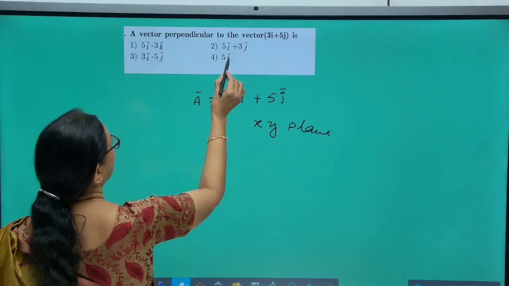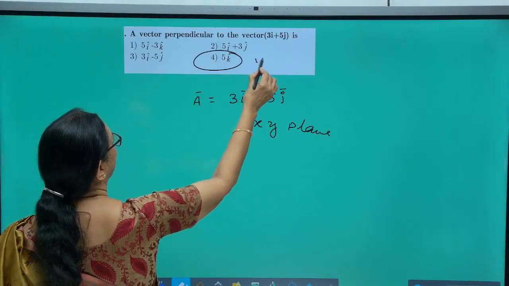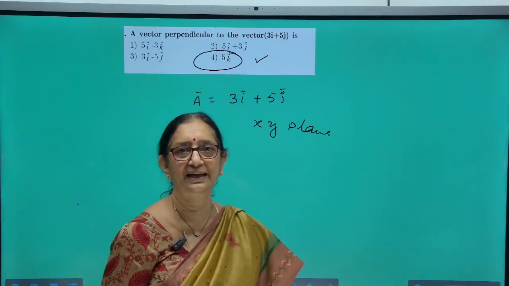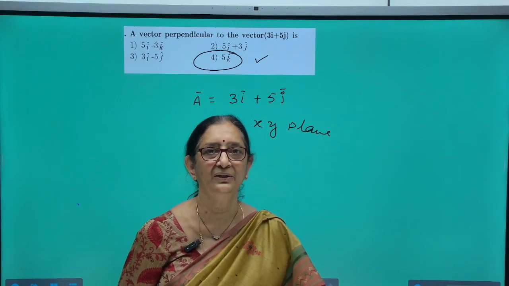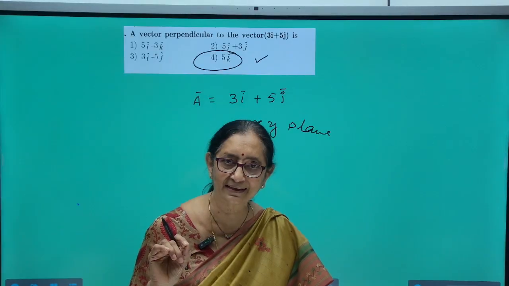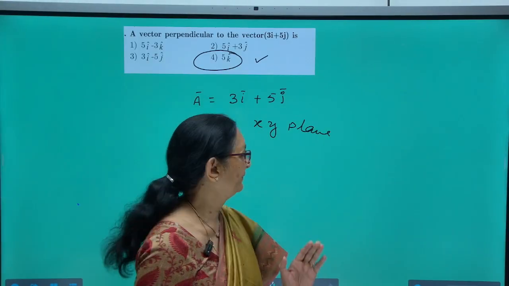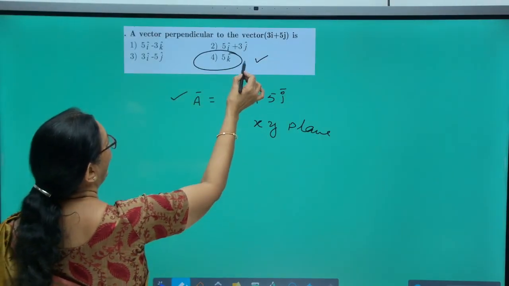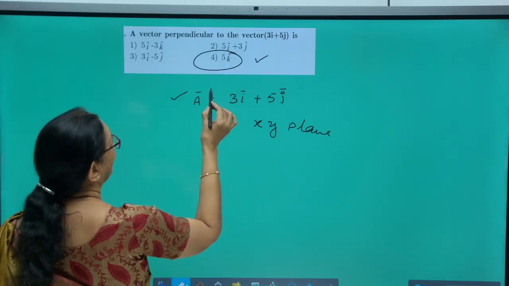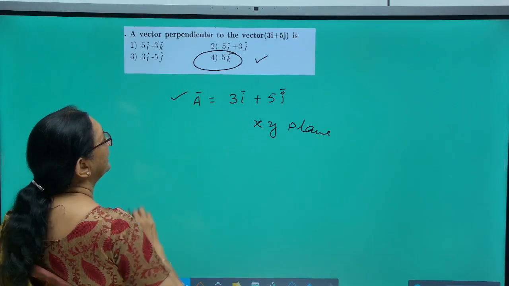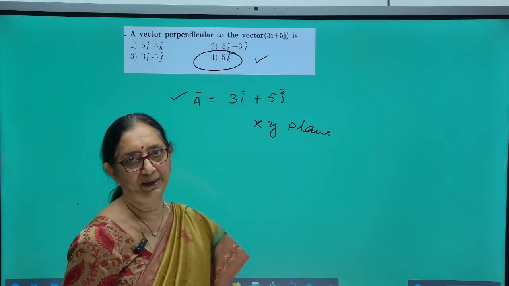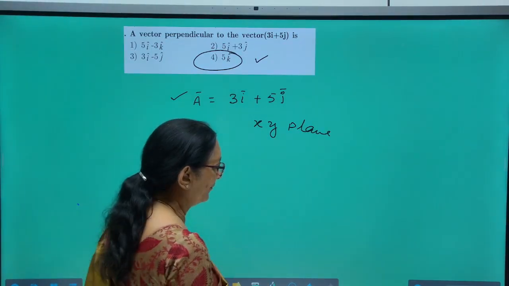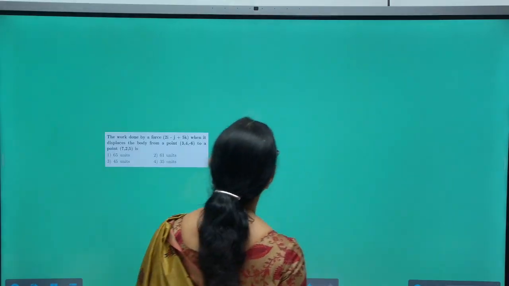In this case, if you look at this option, the vector given there is 5k bar. So, that vector is along z axis with a magnitude 5. So, as the given vector A bar is in xy plane, as this vector is along z axis, that is perpendicular to the given vector. Okay? Now, the next question.